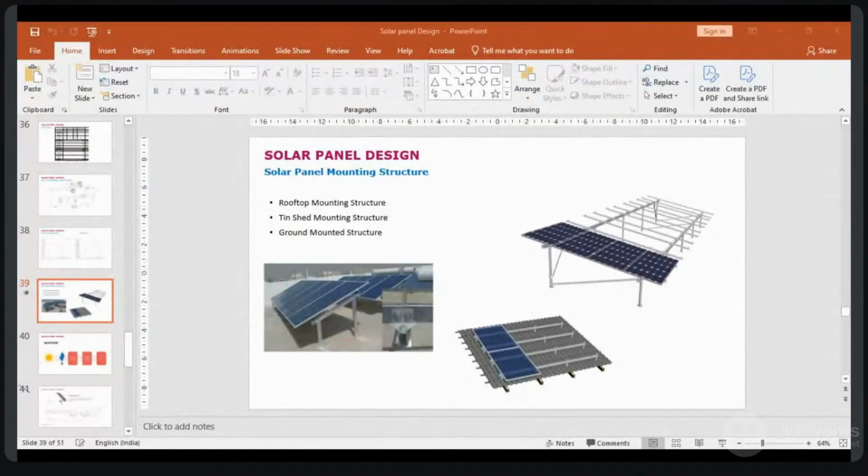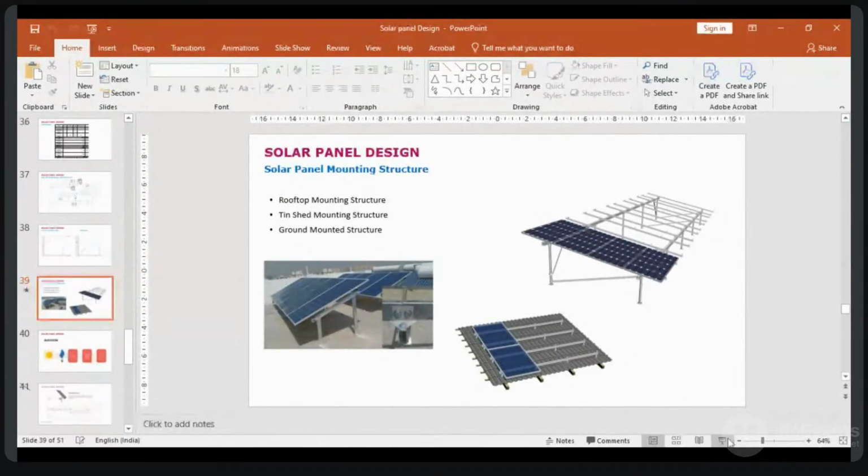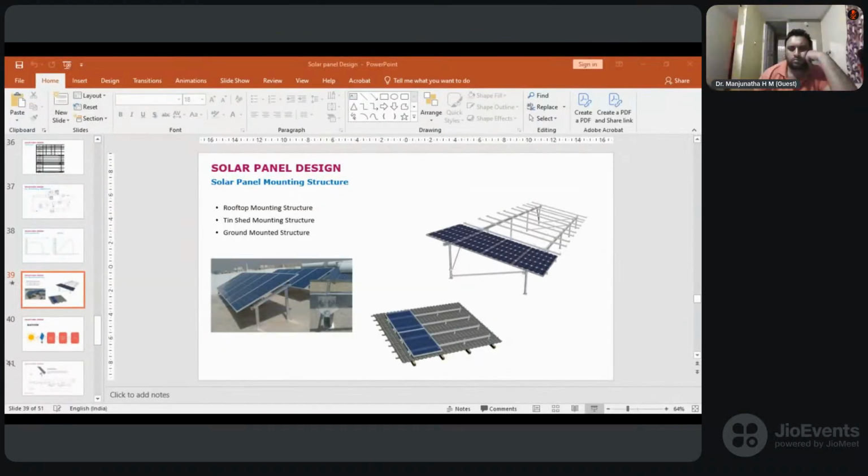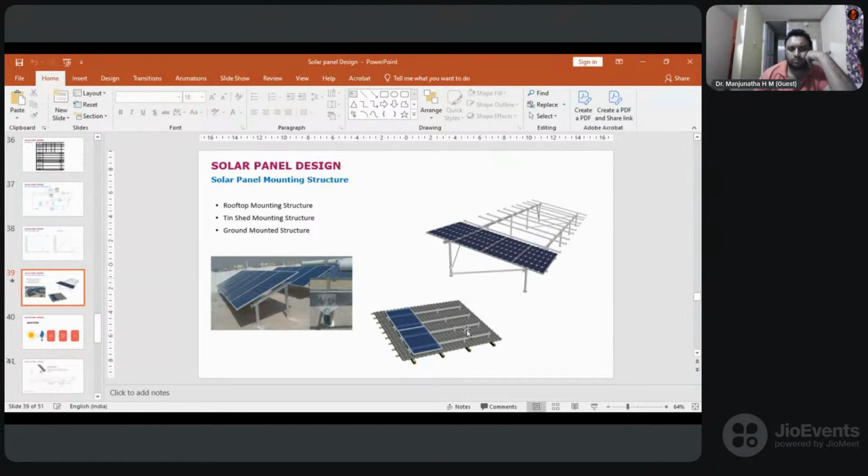Dilip, are you there? Dilip, you can try from the slideshow on top: home, insert, design, transitions, animations, slideshow.